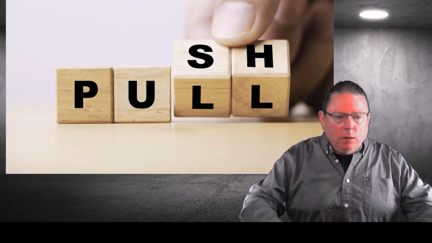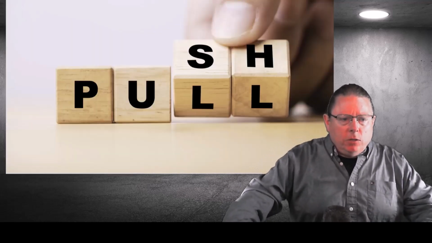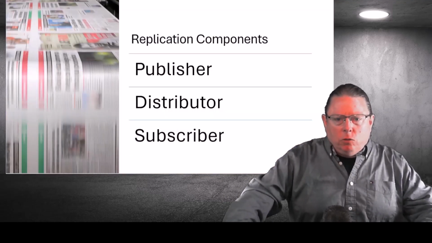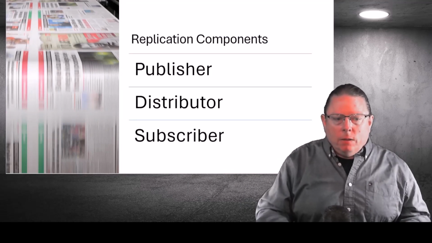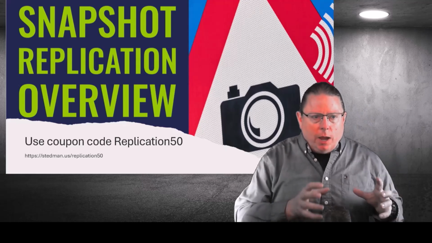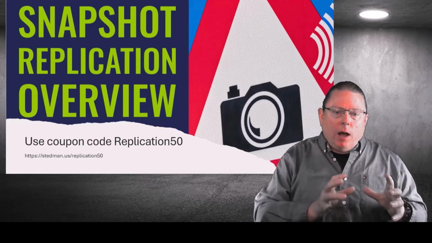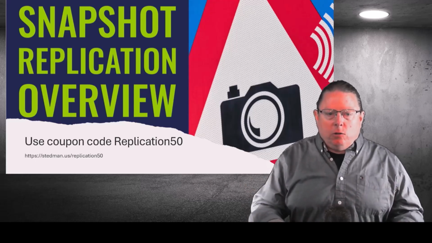Okay, moving down the list here. So far, going through this session on SQL Server replication, we've covered a lot of the basics around publisher, distributor, and subscriber. We've covered snapshot replication, which is a full copy of the entire data set that you're moving, set up to be moved on a regular schedule.